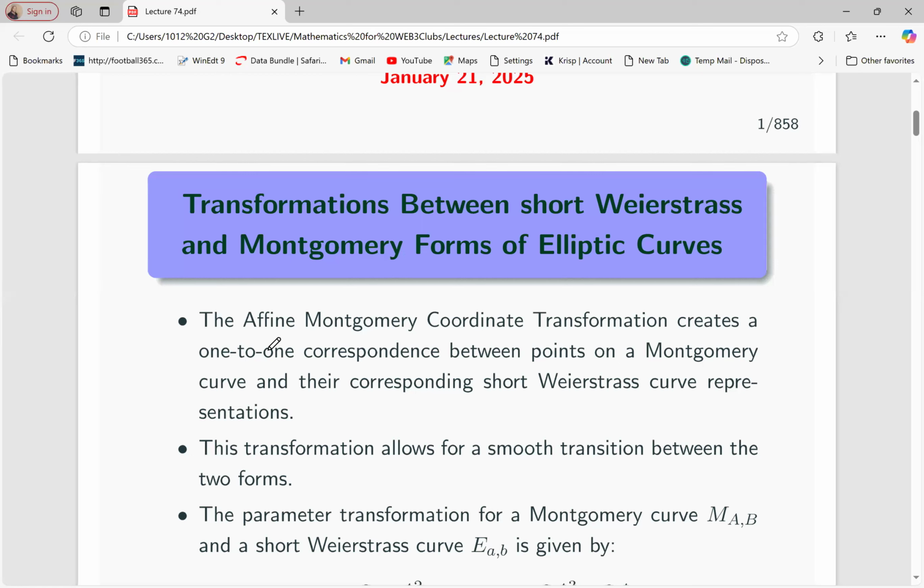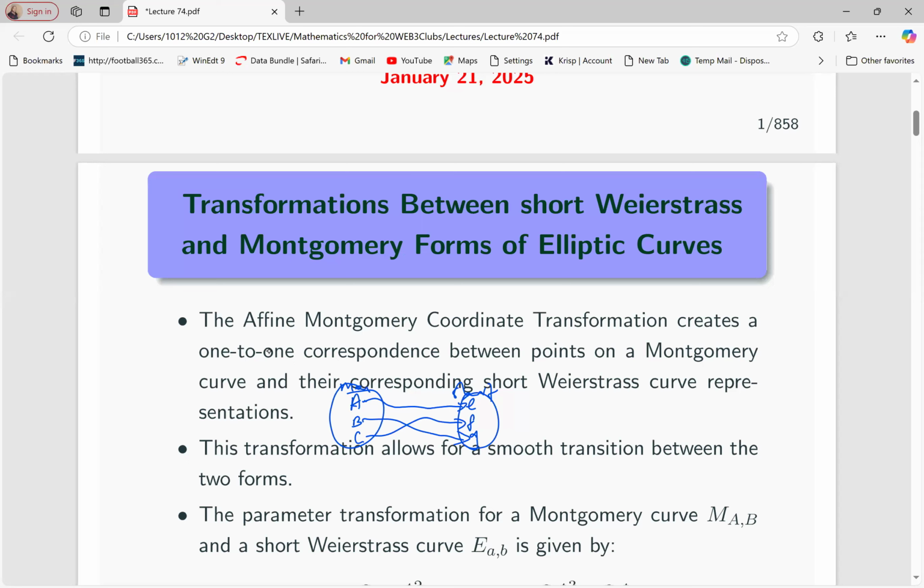What that means is, if the Montgomery has points A, B, C, and the short Weierstrass has points E, F, G, then each point of Montgomery will be mapped to only one point of the short Weierstrass. For instance, this one could be mapped to here, this one to here, and this one to here. So this is a one-to-one correspondence.